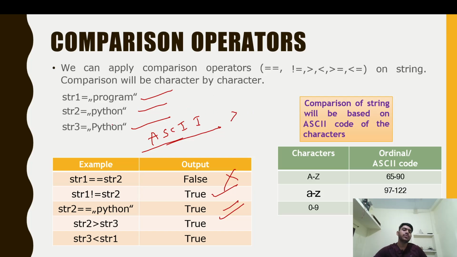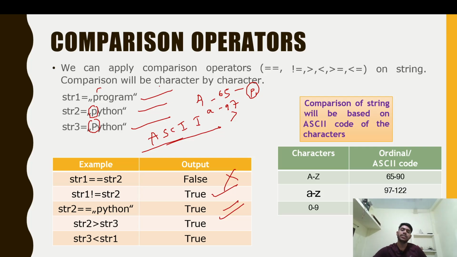String 2 starts with small p, and string 3 starts with capital P. Capital A ASCII value is 65, small a ASCII value is 97. According to that you can check P, and based on this it will evaluate. String 3 is less than string 1, yes, because it is capital P and that is small p, so it should be less than, true.